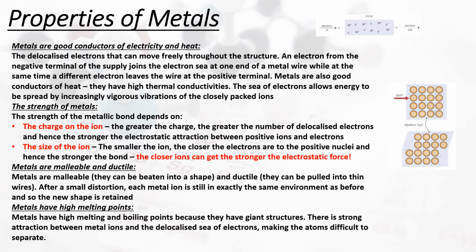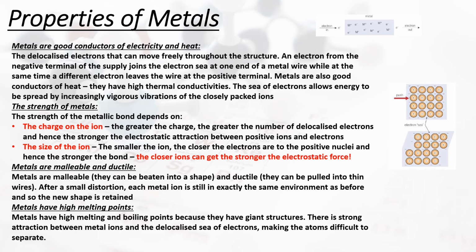They were very brittle, because rather than having positive on top of negative on top of positive, we might knock it in such a way that we now have a series of positive ions all stacked on top of each other. That's repulsive, it's brittle, it breaks apart. For metals though, because we only have positive ions, after a small distortion, technically each metal ion is still in exactly the same environment as it was before. And so this new shape is retained as opposed to being broken apart.